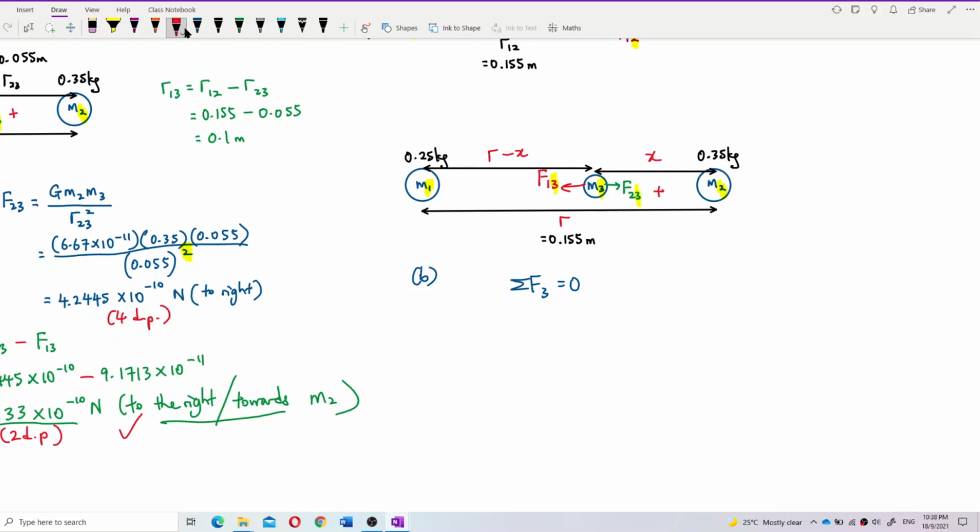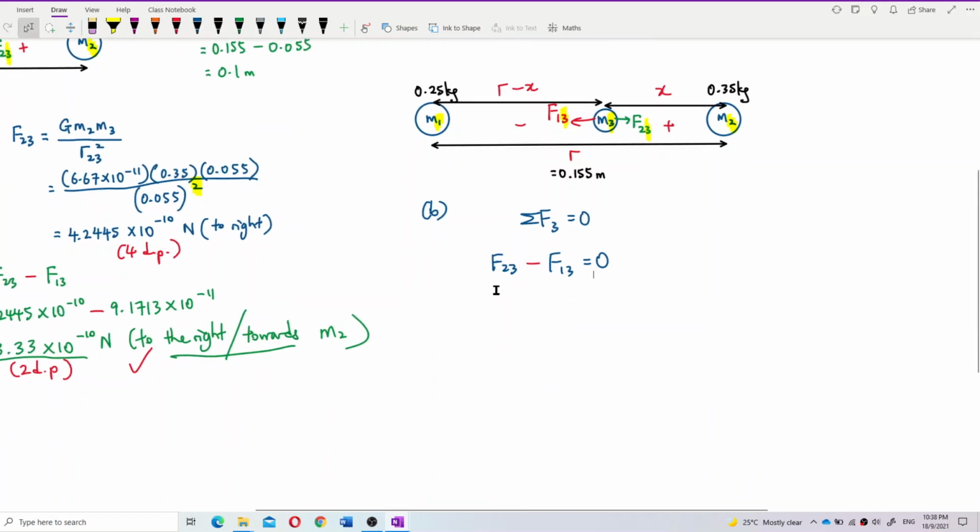Going to the right is positive, going to the left is negative. So F23 is positive because it's to the right, but F13 is negative because it's to the left. F23 minus F13 equals 0.